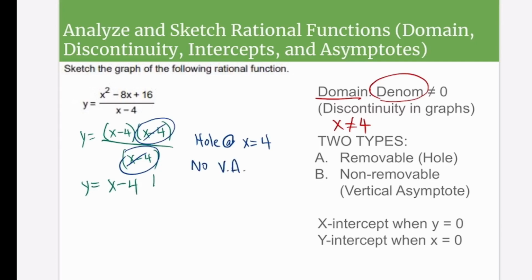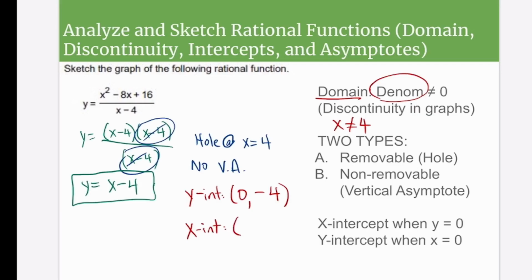Once we simplify this function, there's no denominator. So nothing is non-removable. Everything is removable. Your y-intercept, if you plug in 0 for x, you get negative 4. And then for your x-intercept, you plug in 0 for y, and x is positive 4.